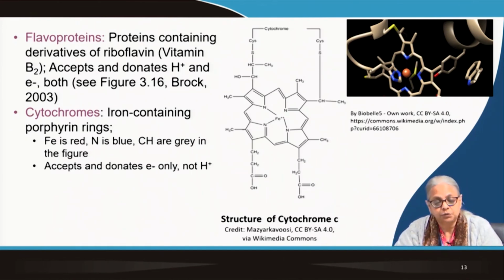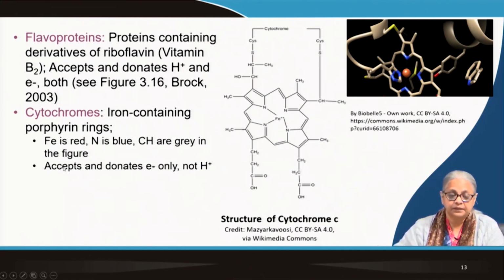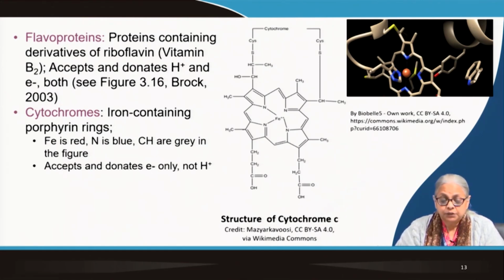Then we come to the cytochromes. Cytochromes are iron containing porphyrin rings. So you can see the iron at the center of this porphyrin ring, and this is the porphyrin ring which has nitrogens at 4 points at which it is bound to iron, and this is a schematic again from Wikipedia. And you have the fact that these cytochromes can accept and donate electrons only.